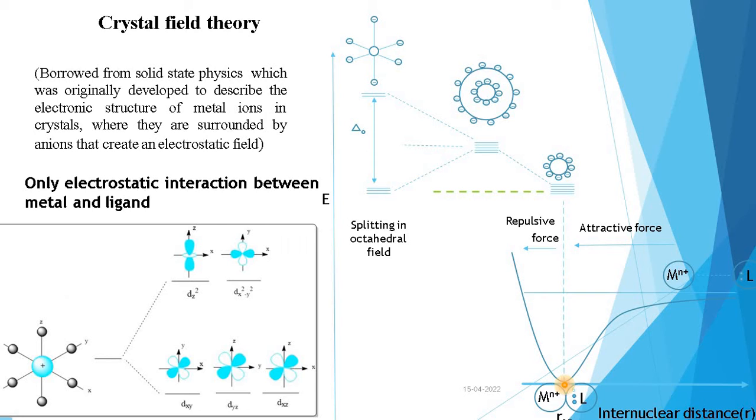Now, as d electrons are spread in different shapes, their interaction with the ligand orbitals is also different. Let us see one YouTube video which will further clarify your concepts.